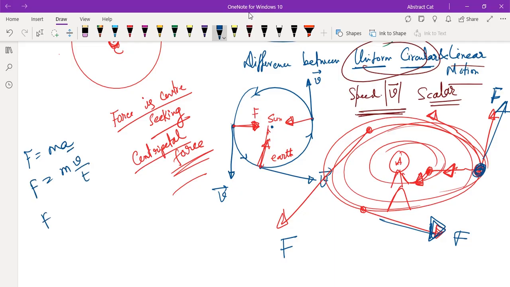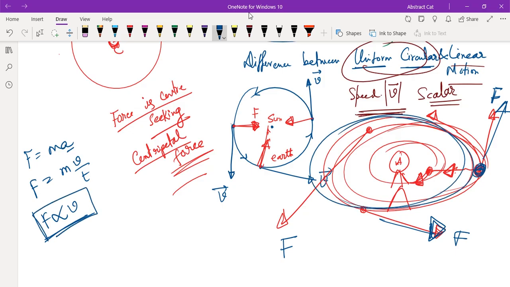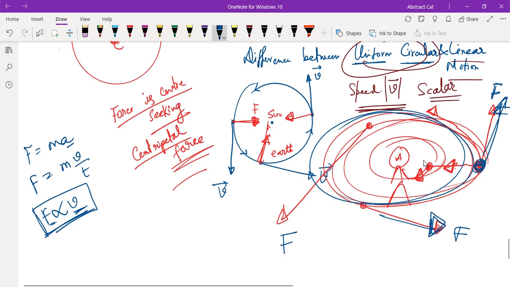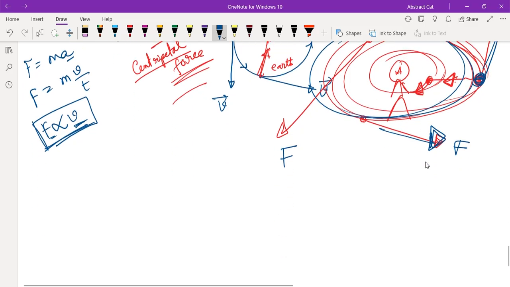So force is directly proportional to velocity. More force means more velocity, so the stone goes farther away. Less force means less velocity. That tangential motion is attributed to the centrifugal force.